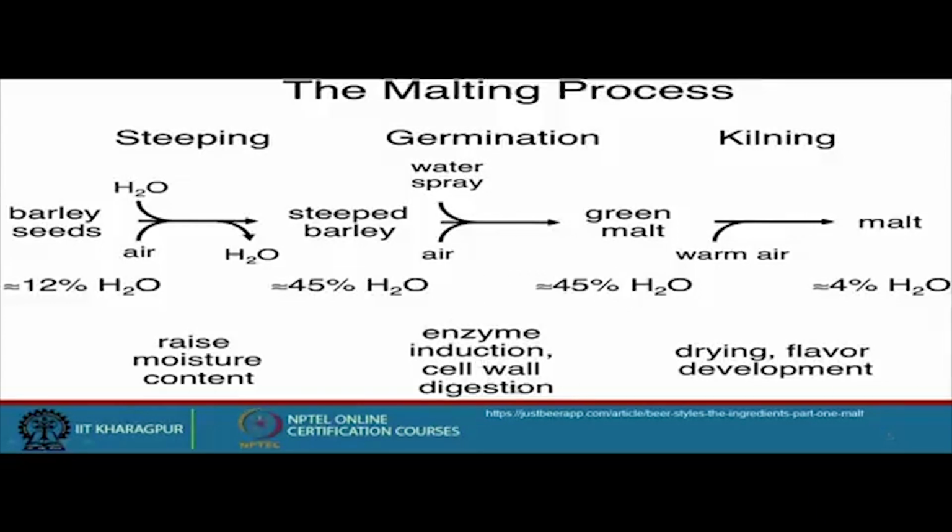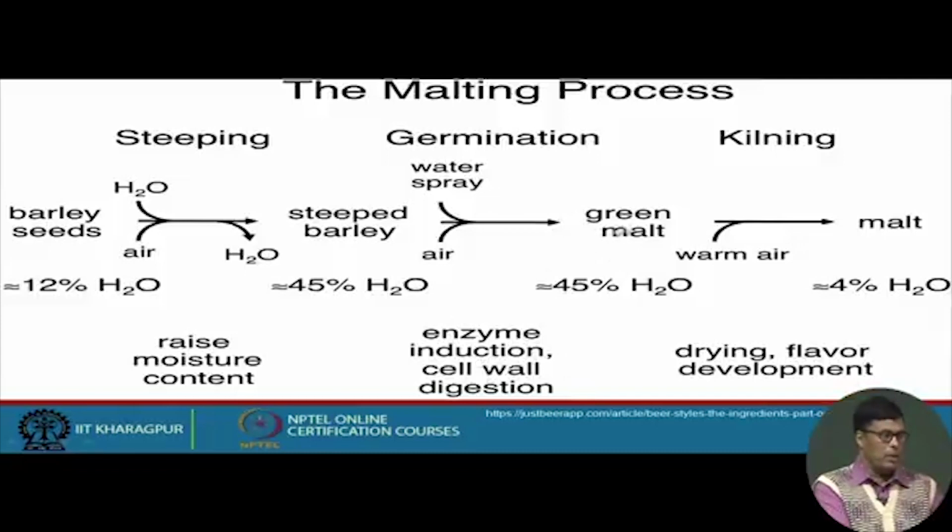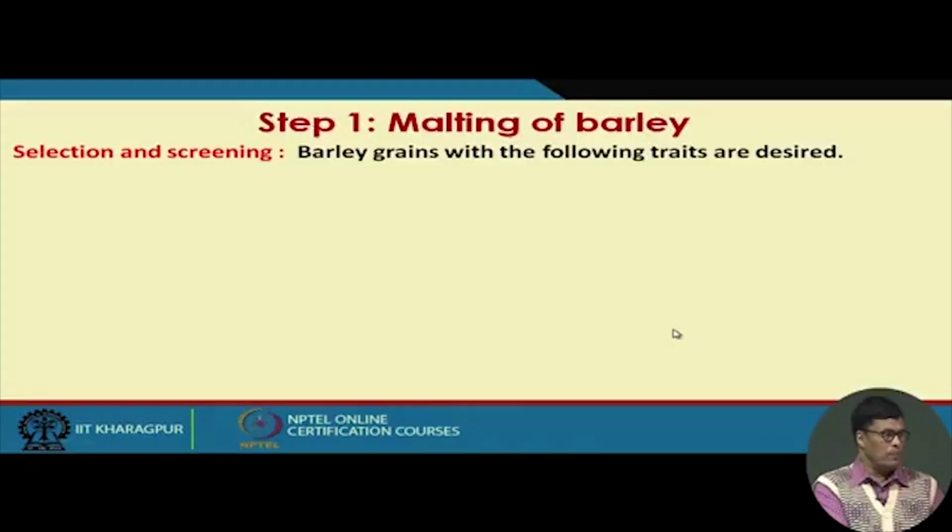Enzyme induction and cell wall digestion take place, and we get the green malt. Then we dry this so that the moisture content comes to 4%. We make it into powder, and we use it as a malted food, or as the raw material for the beer making industries.